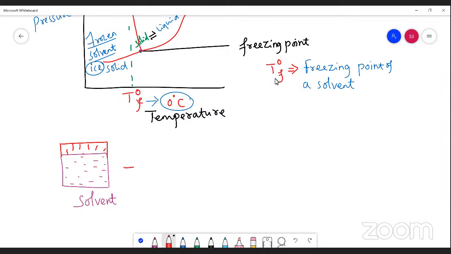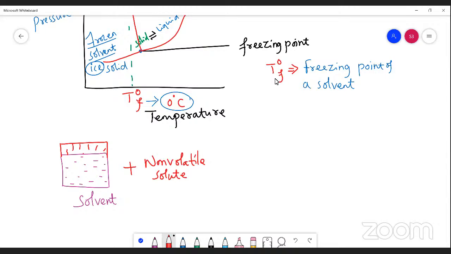I am going to add one non-volatile solute. It is non-volatile, so it does not escape in terms of vapor phase.